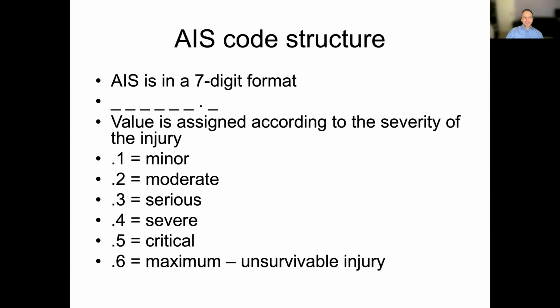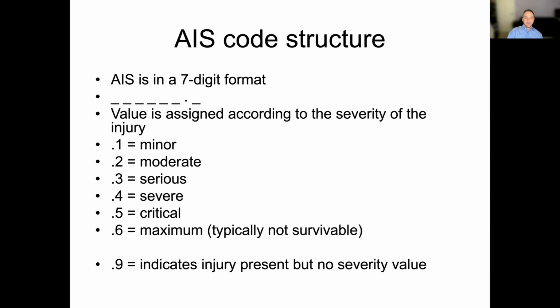The digit after the dot is called the post-dot number, and that's important because that indicates how serious the injury is. And so we have 6 body regions, but we also have 6 severity categories, which I mentioned before. And then you can also have a 9, which indicates the injury is present, but there's no severity value.